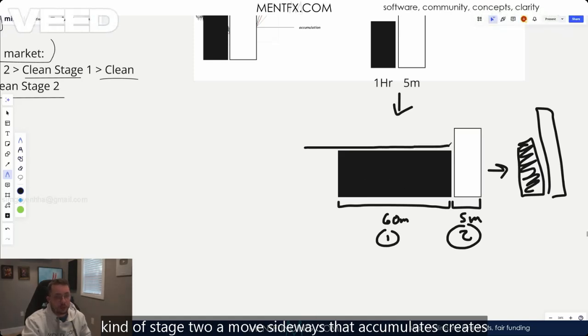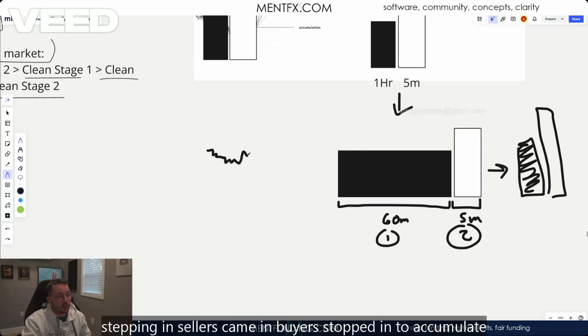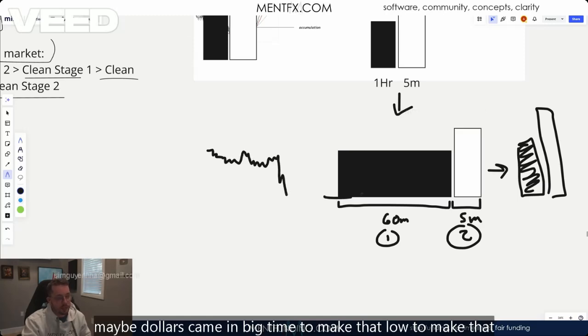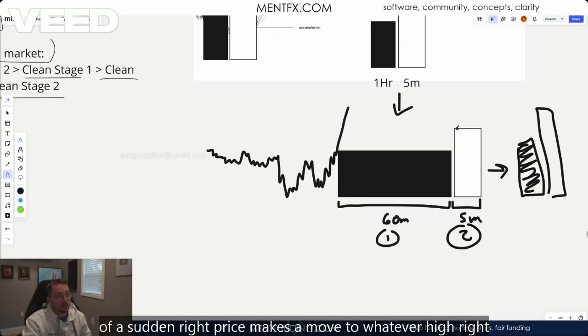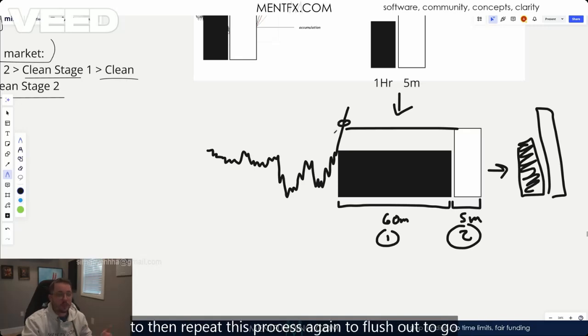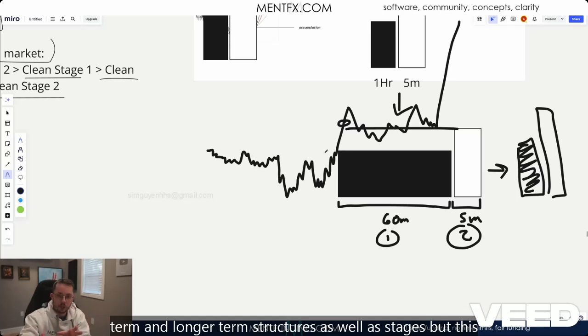A move sideways that creates accumulation, because within here you had initial sellers come in, buyers started stepping in, sellers came in, buyers stepped in to accumulate, maybe sellers came in big time to make that low, buyers started coming in to accumulate, maybe start making some MBs in here, and all of a sudden price makes a move to whatever high, to then repeat this process again, to flush out, go sideways, accumulate, and maybe this one's a faster accumulation. This is why you have shorter term and longer term structures as well as stages.